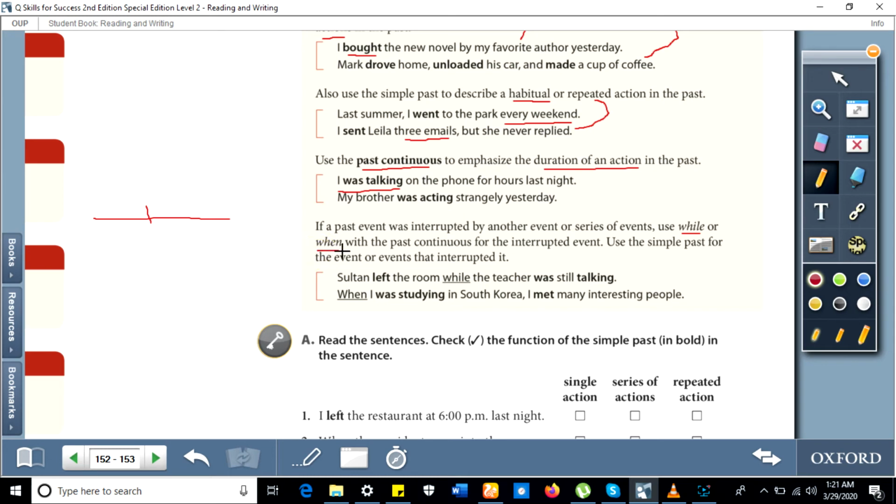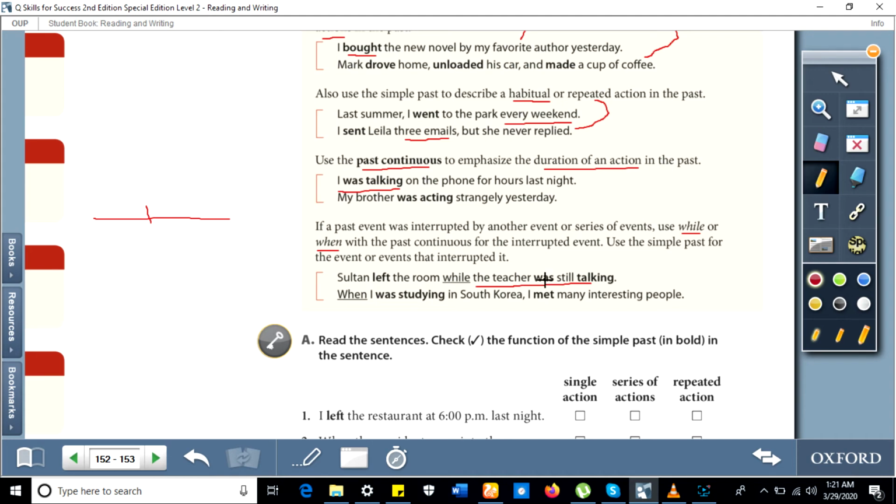For example, if you take a look here, Sultan left the room while the teacher was still talking. So while means at that time when the teacher was talking, right? So this is the duration here. So the teacher was talking.